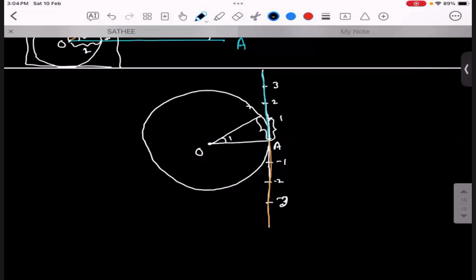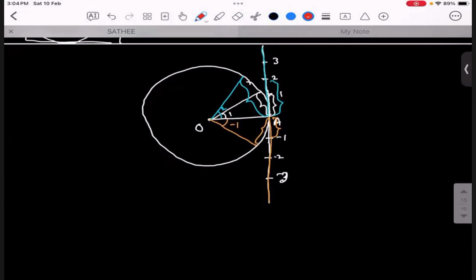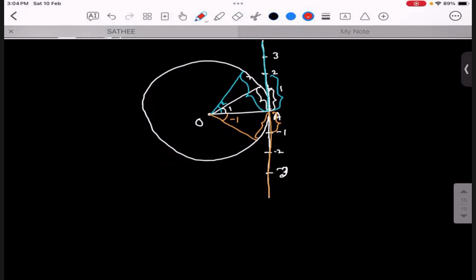Similarly for 2, this length will give twice the arc length along this circle. So this will give us radian 2. Similarly, if you draw the negative lines, this will give us unit arc length along this circle, so this will give minus 1 radian. So by this we can say the radian measure and real numbers can be considered as one and the same.